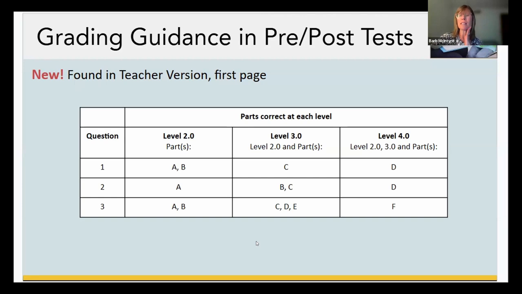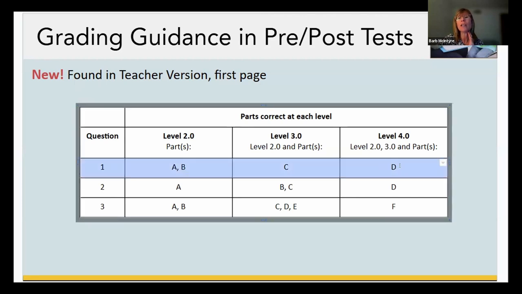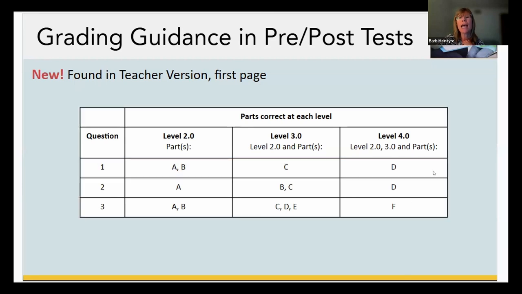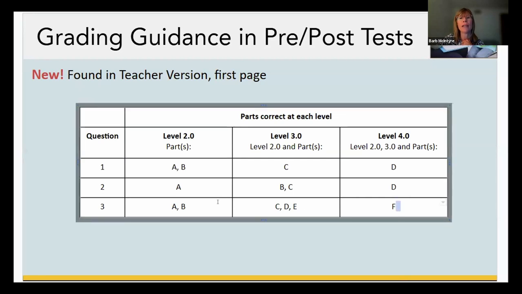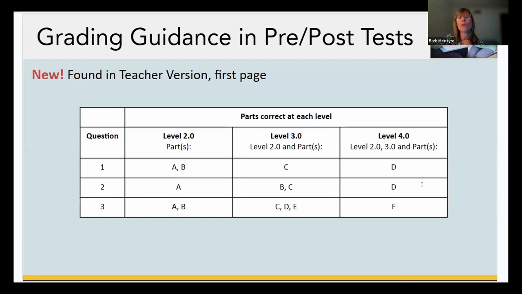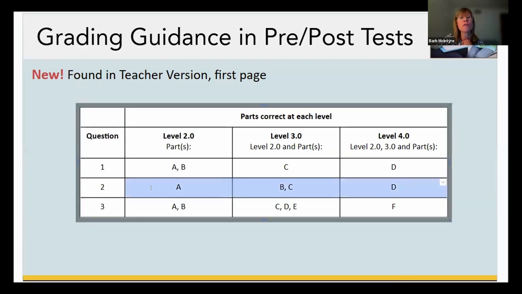One of the nice things about this grading guidance is that if you want to break the pre-post test up, and maybe you're not giving the whole thing as your assessment, maybe you're going to give question 1 and use that as a study guide, and you're only going to grade question 3. Or you're going to grade question 2 for all of your students.